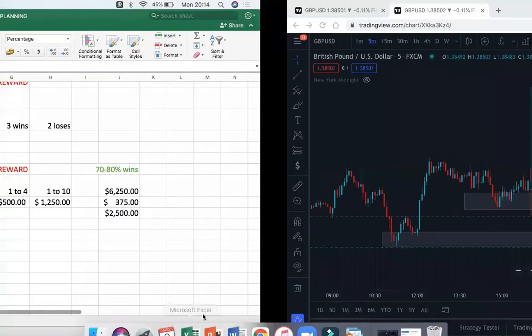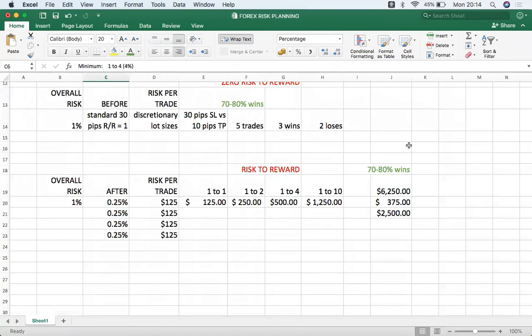So I just go back finally to the Excel. So what you find, if you're winning 70 out of 80, so if these are 4 trades, if I win 2 of these trades and I lose 2. So 3 trades I win, I lose 1, or I lose 3 trades and I win 1. And my risk to reward is 4.